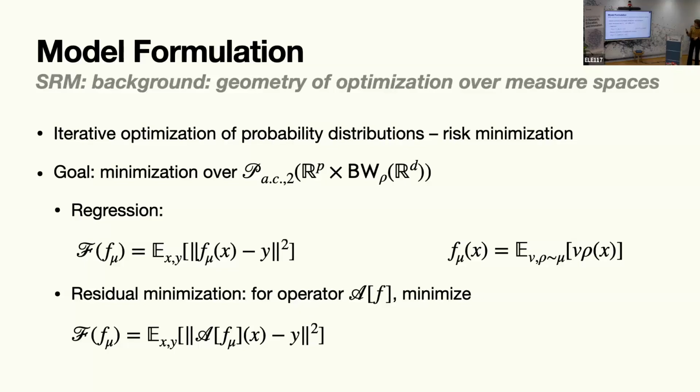Alternatively, for inverse problems and solving integral differential equations, we imagine that you fix an operator, script A, and minimize the residual error of the operator applied to the function. So it's regression and weighted regression in function space.